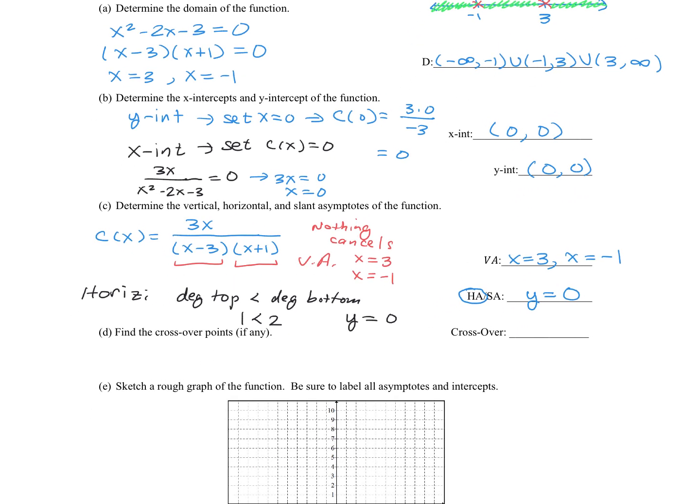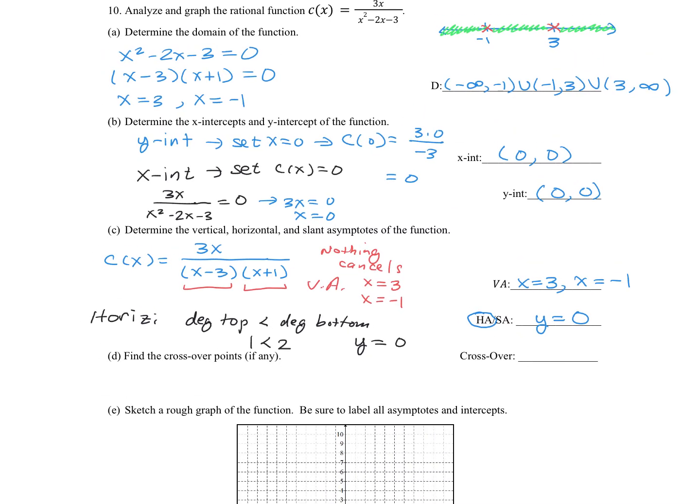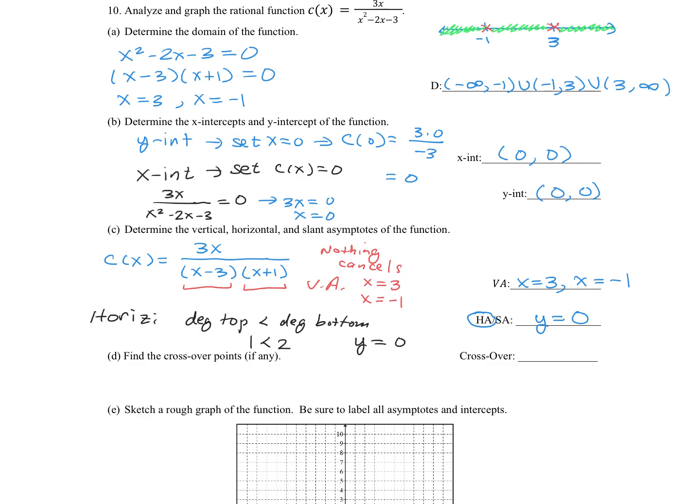Crossover points come from setting the function equal to the value of the horizontal asymptote. So that is going to be 3x over x squared minus 2x minus 3 equals 0.